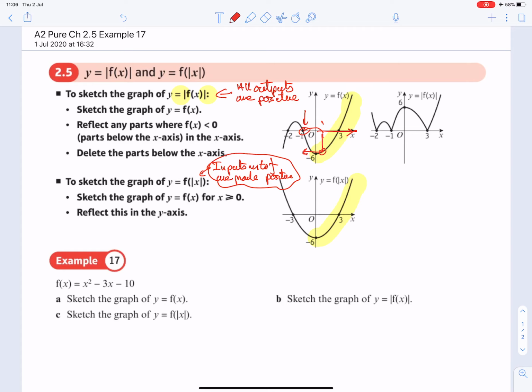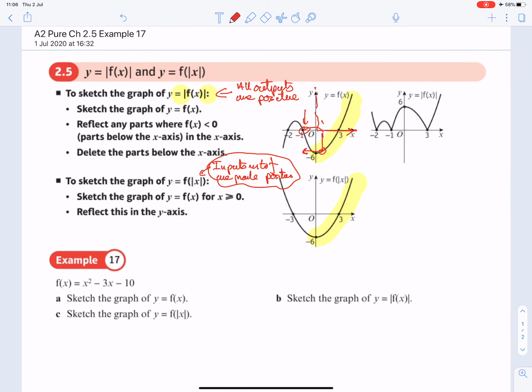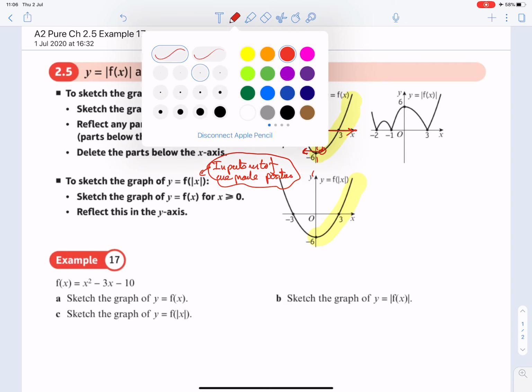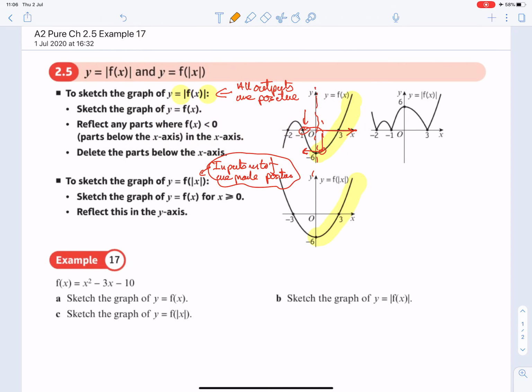So the effect of that, I hope you can see, is a reflection in the y-axis. The part that was yellow is reflected, and we get a graph reflected across here.